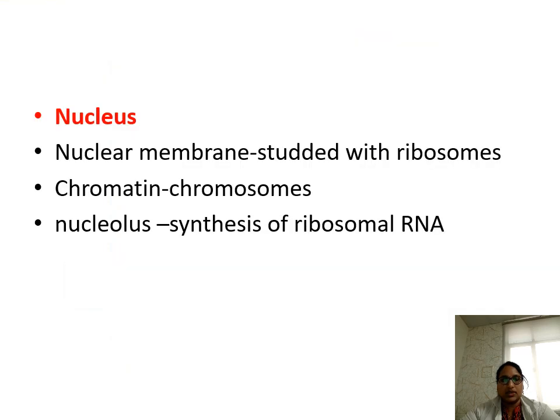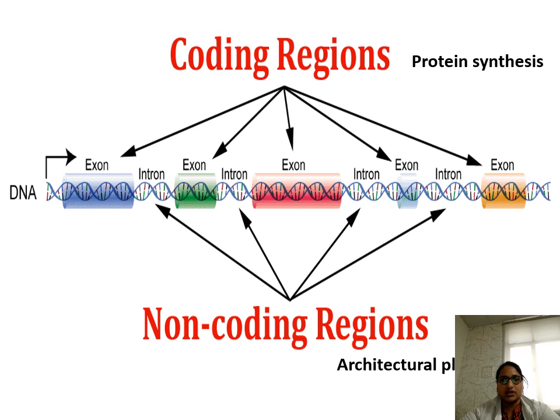And the nuclear membrane is studded with ribosomes, and chromatin contains chromosomes, and the nucleolus is a synthesis center for ribosomal RNA. And the DNA contains coding and non-coding regions. The coding regions are exons, and the non-coding regions are introns.